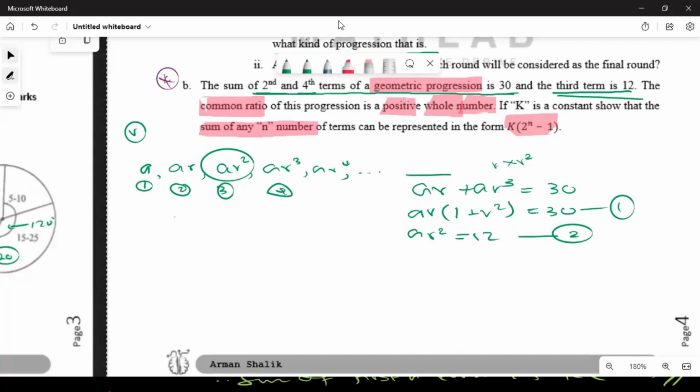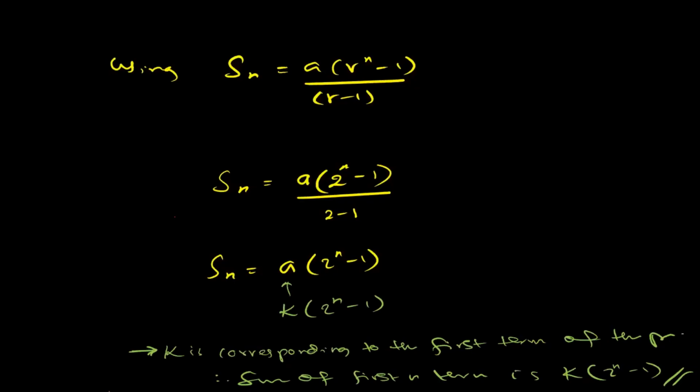They didn't introduce K, they're just saying it's a constant. They didn't introduce it means we have to find it. Who is it? By keeping our first term in the equation and simplifying, we can see our first term is actually that constant, which means by this constant they're trying to imply the first term of this progression is K.